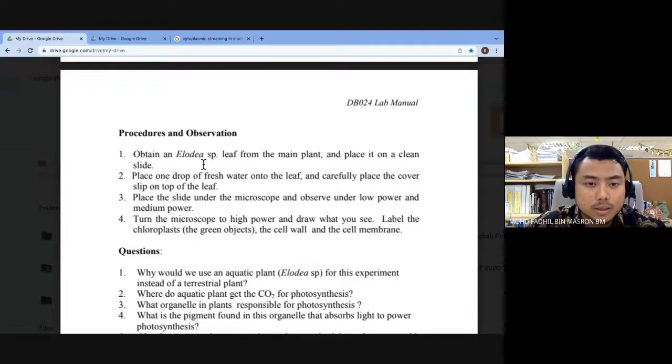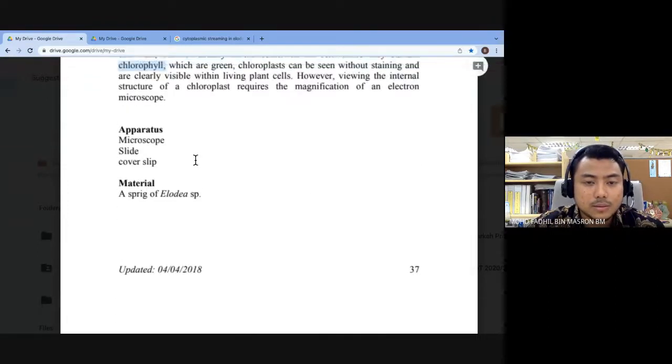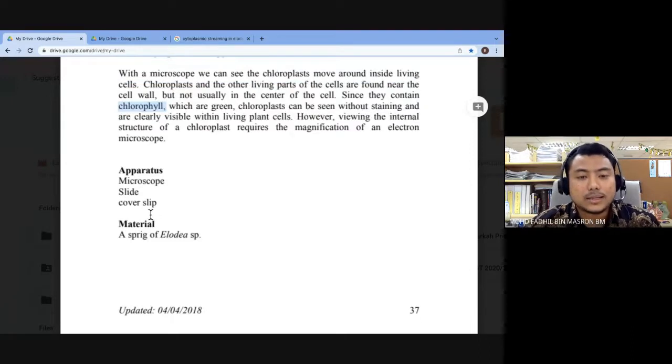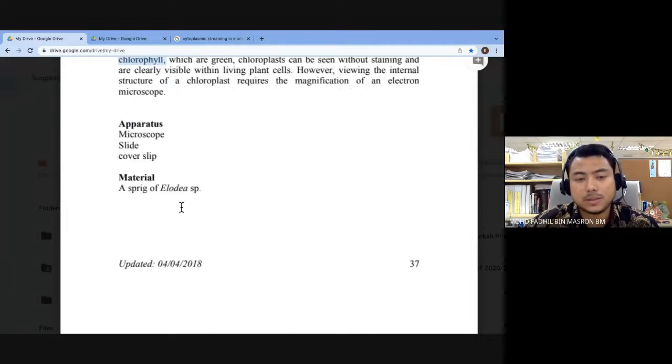Okay, so wait. However, we are missing some apparatus over here. Actually, what should be included here is also the forceps, the metal tweezers, and also we might need to include the dropper, the one for dropping water. What else? I think that's pretty much what's missing.